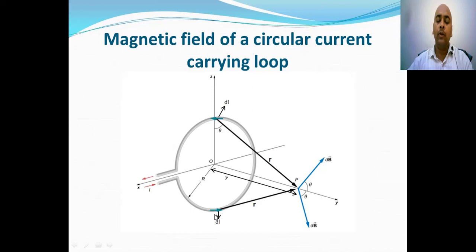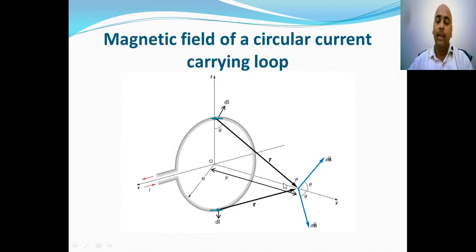We are also considering another differential element dl of exactly the same length as we considered earlier, with the condition that the current in the two differential elements is exactly opposite, as can be seen from the direction of the arrows.